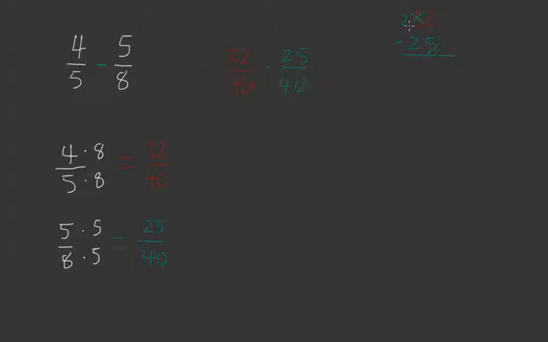Make that a 2, make this a 12, and now that is 7. And then 2 minus 2 is 0. So the answer would be 7 over 40. And that is what the answer would be if you're minusing them.